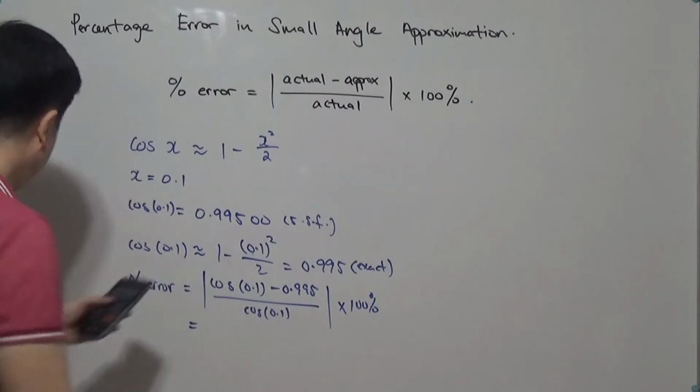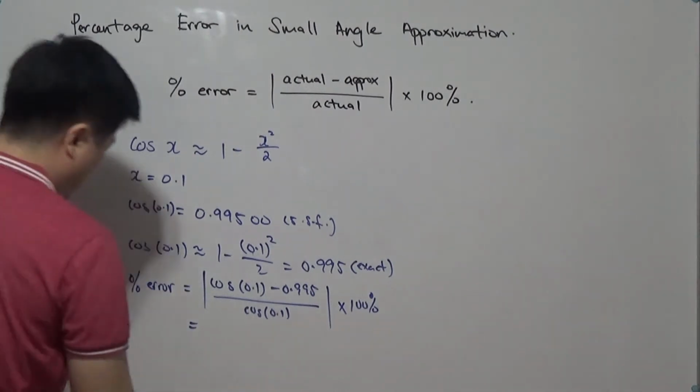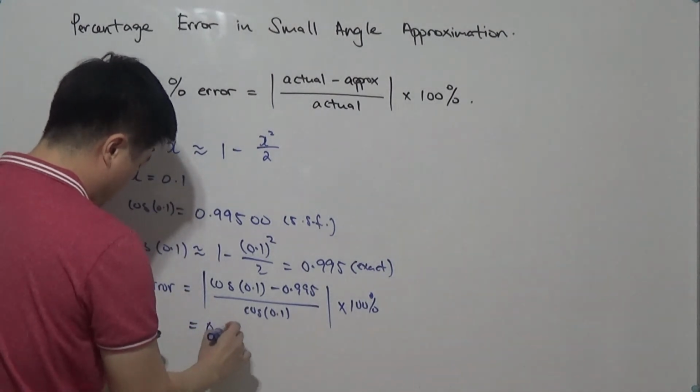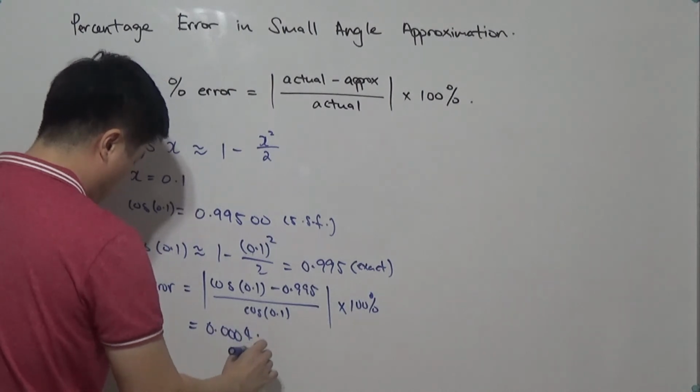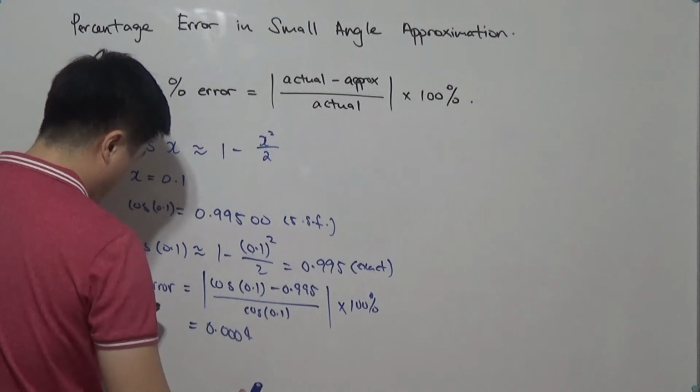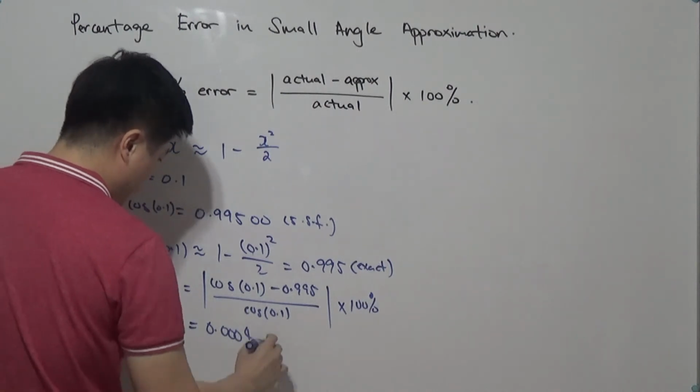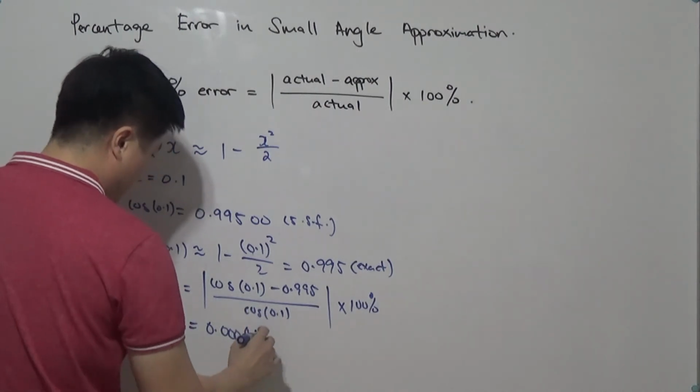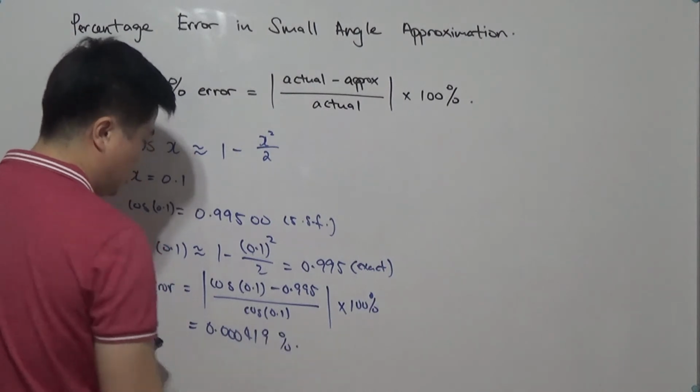That gives us a very, very small percentage error. It turns out to be 0.0000419%. Okay, it's very small.